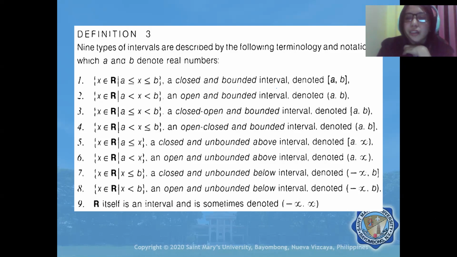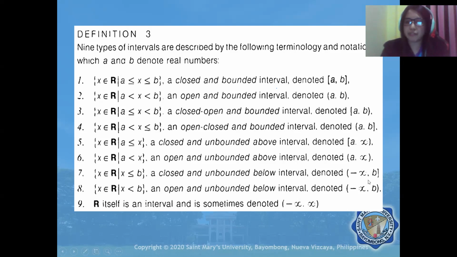So it means that X is greater than or equal to A, so all other values are greater than A. So we have a closed bracket for A, and then we use the sign infinity and then a closed parenthesis, the round bracket. So with this, the open and unbounded ends also use the round bracket.